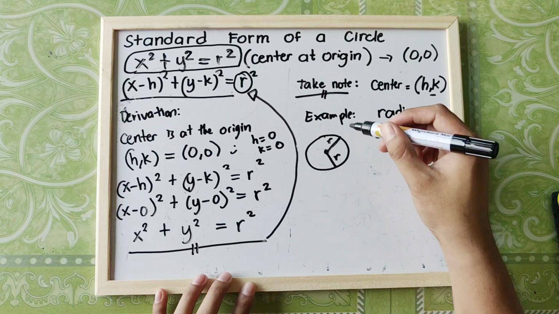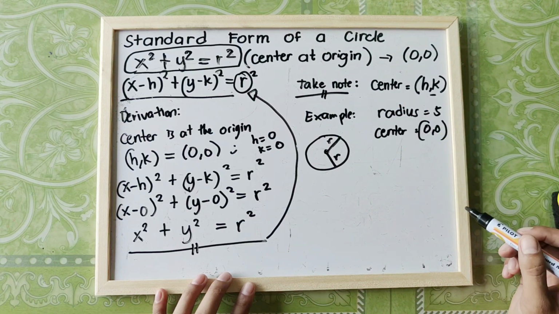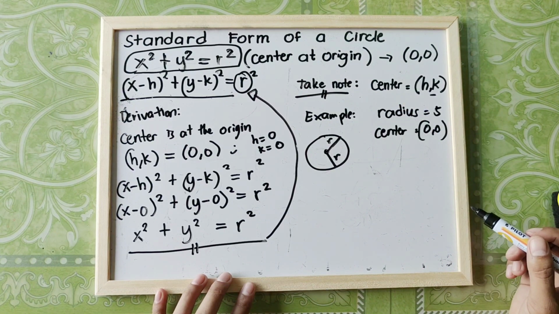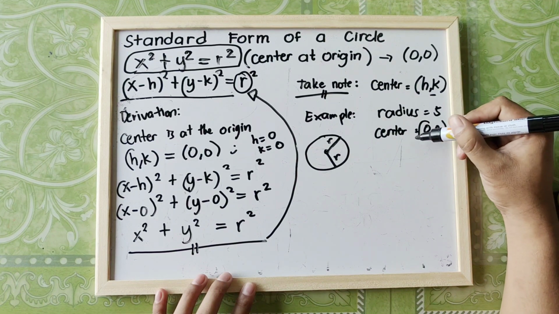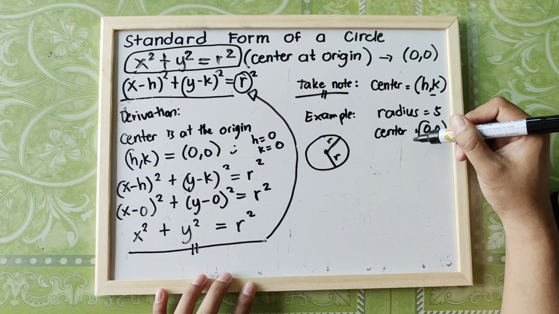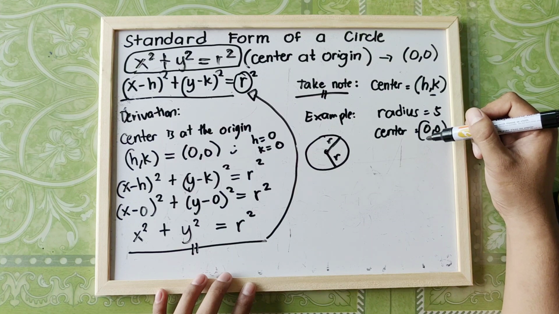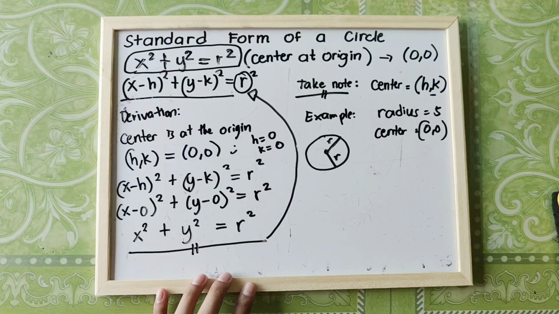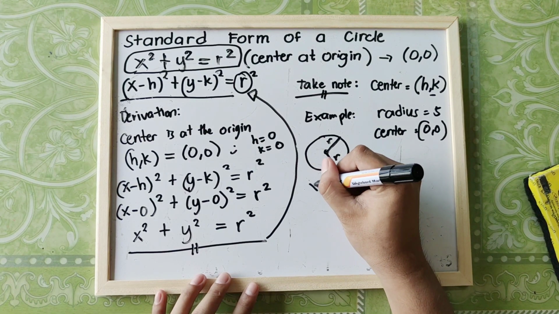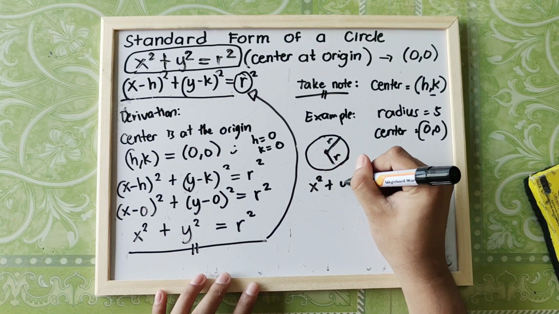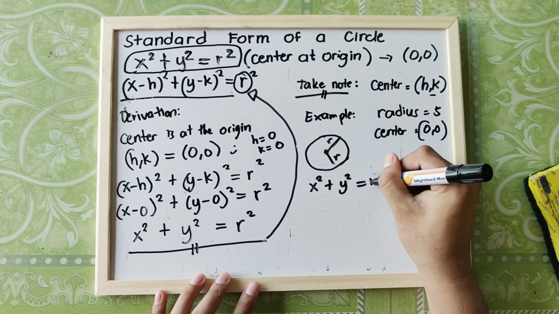So let's proceed to the example. Find the standard form of a circle if the radius is 5 and if the center is located at (0, 0). So let us simplify. Let's solve. The formula is x squared plus y squared is equal to r squared.